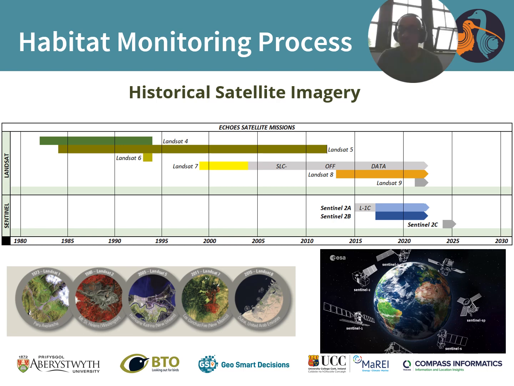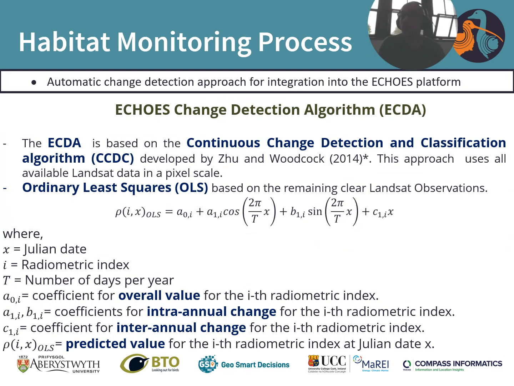These are the historical satellite images that we use for mapping the current situation and monitoring the situation in the past. This is an example of the change detection algorithm that we use, the analysis that we use to map the situation. I'm not going to go really deep into this, but just to give you an idea, with this analysis we map the interannual change, which gives us information about potential change across the years.